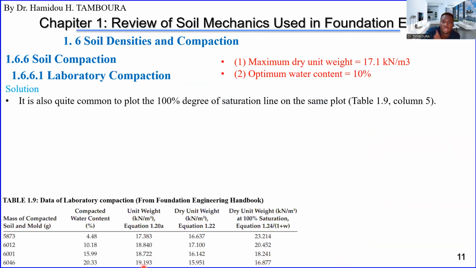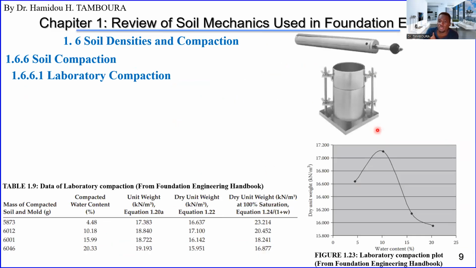Let me go back, this mold. If you know the volume of this mold and the weight of the empty mold, then after knowing the weight of the mold plus soil, because you will put the sand in this mold and weigh the sand and the mold together, you take that weight minus the weight of the empty mold and you obtain the mass of the sand.